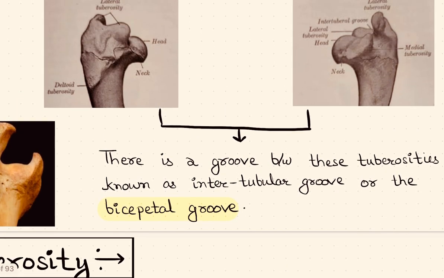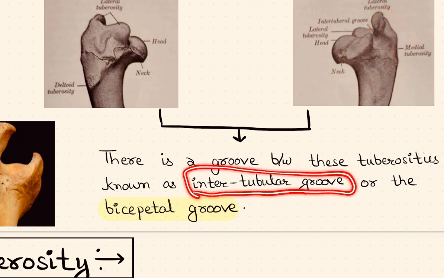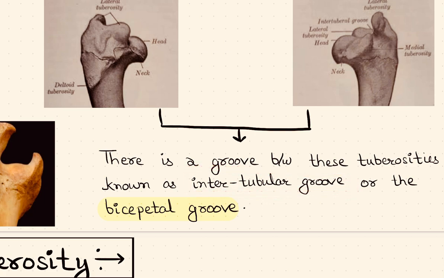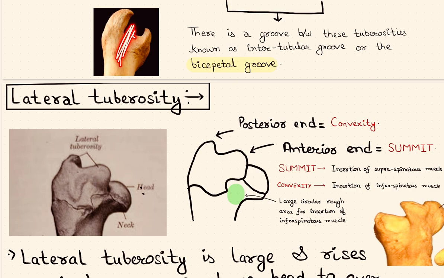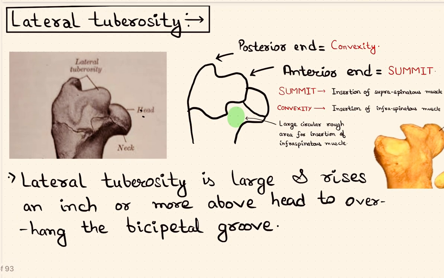Now between these two tuberosities, lateral tuberosity and medial tuberosity, there is a groove. This groove is the intertuberal groove, commonly known as the bicipital groove. Which groove? The bicipital groove. Now let me come to the lateral tuberosity.